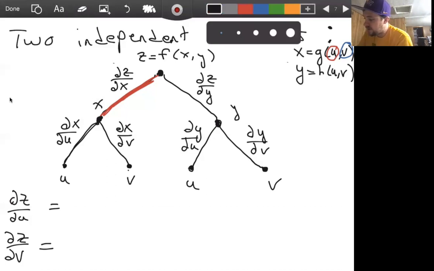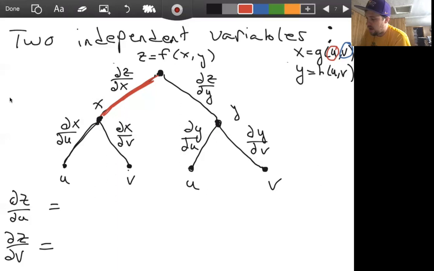And so if we travel down the x branch, we're going to have partial z, partial x, and then we want to pick paths that end at the variable u. So this is times partial x, partial u.